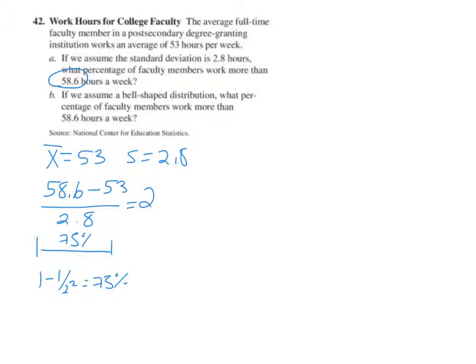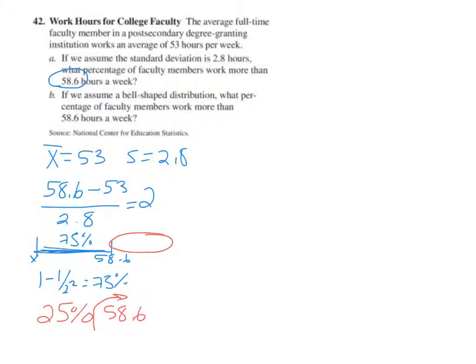I have at least 75% in the middle between some number down here and 58.6 up here, right? That means that there's no way more than 25% of the faculty could be working more than 58.6 hours. That's the most that the faculty could be working.